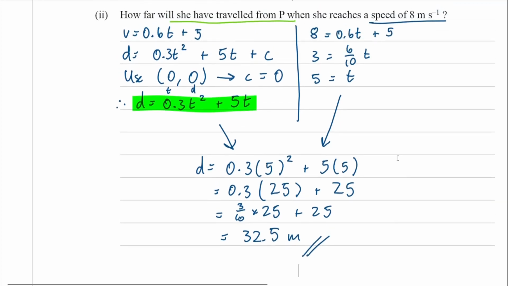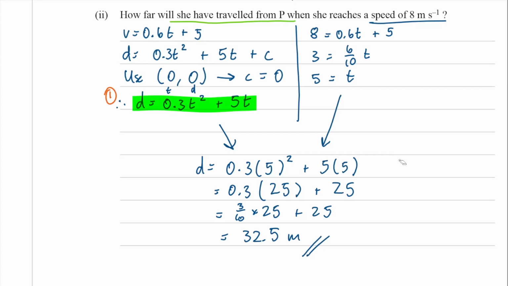Alrighty, so just to recap that question, it was a little bit odd. They asked for a distance when she was traveling a certain speed. So the two parts to the problem were, one, we found the distance equation by anti-differentiating the speed equation.